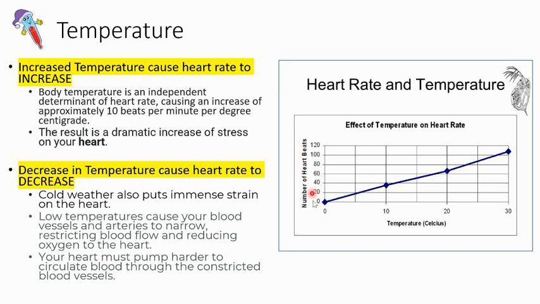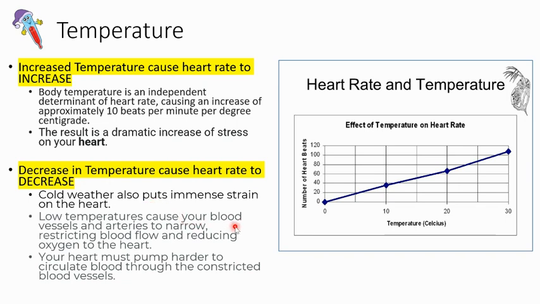So you can see right here the number of beats at 0 degrees Celsius. You have 0 beats at 0 degrees Celsius. And as the temperature increases, the heart rate is also increasing. So there's a direct relationship between increasing temperature and increasing the number of beats. So conversely, you would think a decrease in temperature causes the heart rate to decrease. Cold weather also puts an immense strain on the heart.